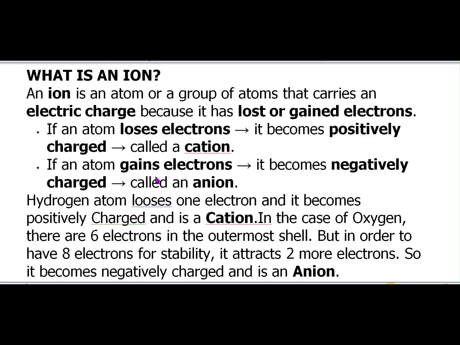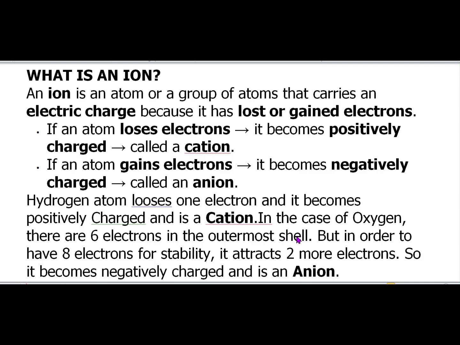If an atom gains electrons, it becomes negatively charged. It is called an anion. Hydrogen atom loses one electron and it becomes positively charged and is a cation.